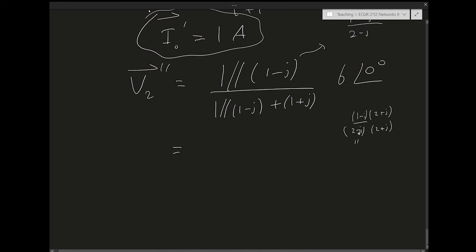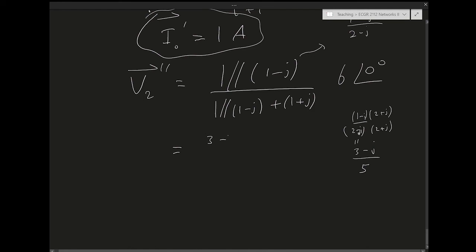I end up with the denominator being 2 squared, 4, plus 1 squared, which is 5, since it's a number times its complex conjugate. The numerator is 2 plus, minus j times j is 1, 3, and then minus 2j plus 1j is minus j.